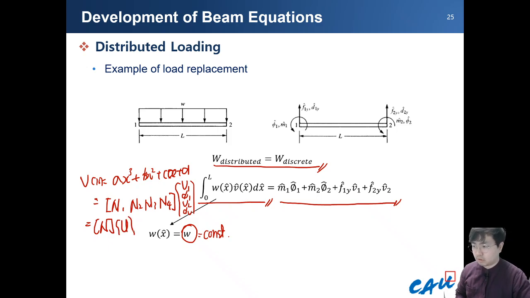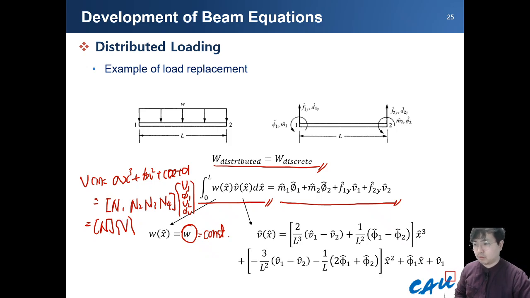Here V is the more proper variable, and this N1 is a shape function of the beam element. Although they may use a different form, you can put it here, and there is an x variable, and the rest is constant, so you can easily integrate it.